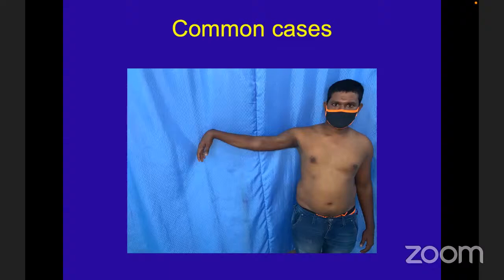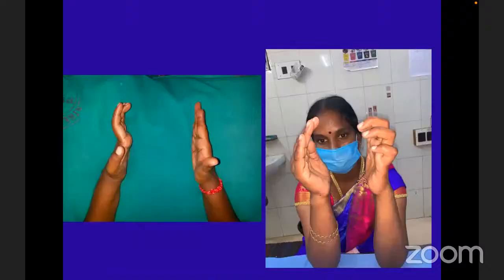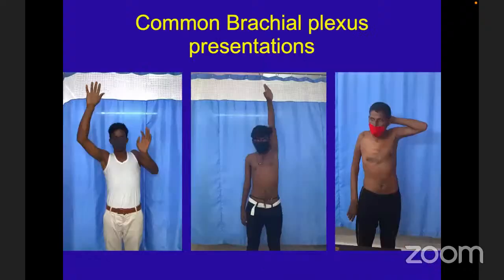Most of them think it's a wrist drop, and we don't look much beyond it. We think it's a radial palsy, but we need to look further. Or sometimes we see patients with absent flexion of the thumb and index finger. We think it's a high median palsy, and then we forget about examining the other parts of the brachial plexus. Sometimes we see a combined claw hand in this patient, and we also forget to look at the most proximal part of the injury.